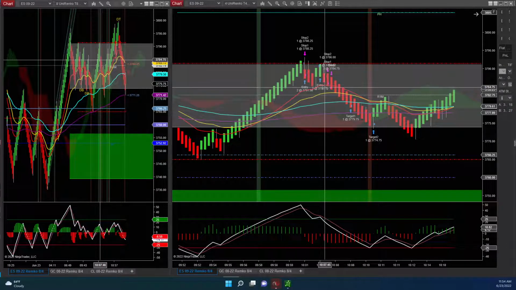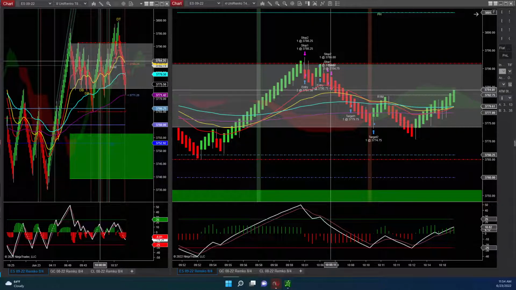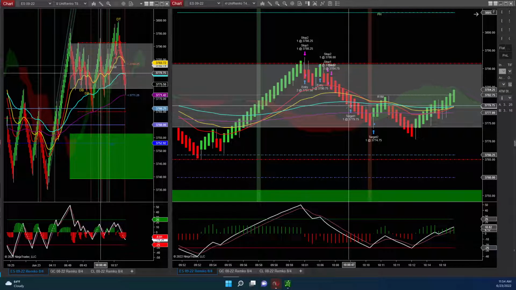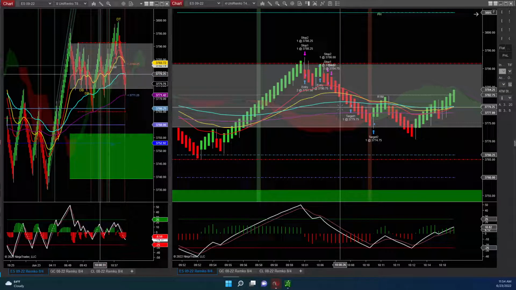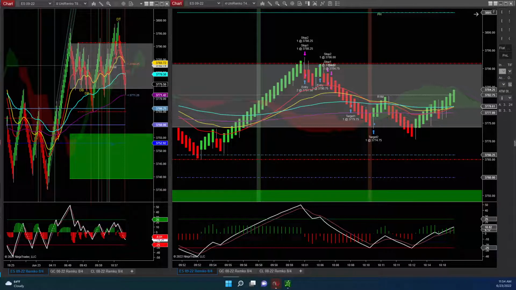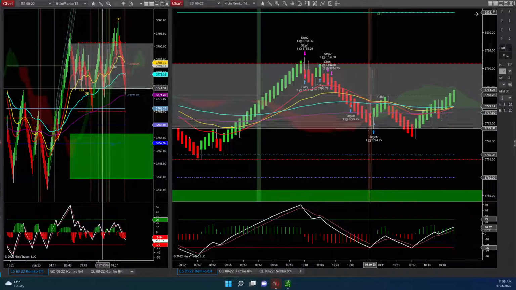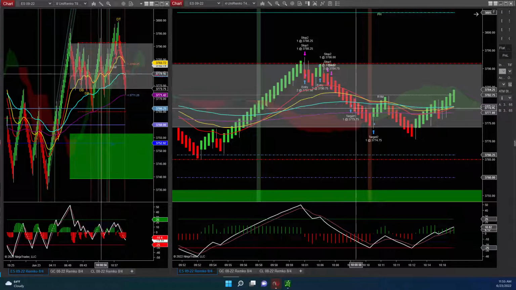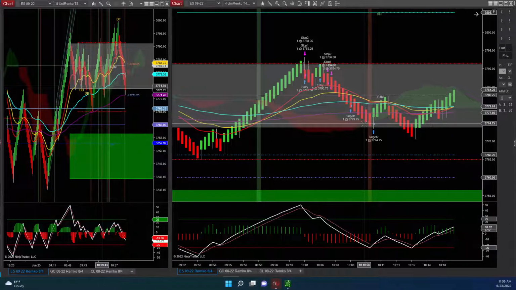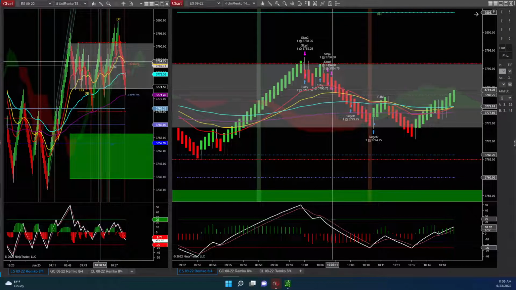So I took it immediately right there, and the first target came in at 37.79.75 for $250 on the first one. The second one was sold at 37.74, right below, so this one is exactly 40 ticks below from where I took it.